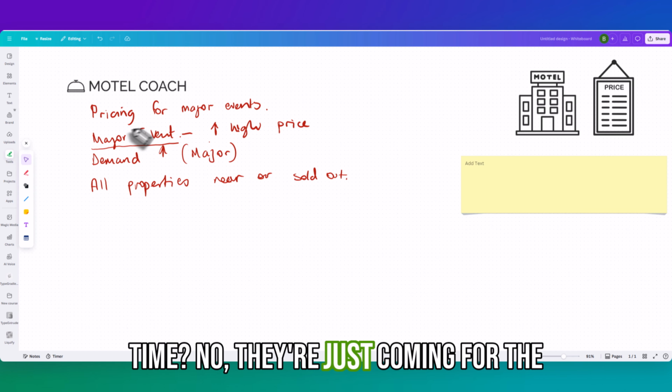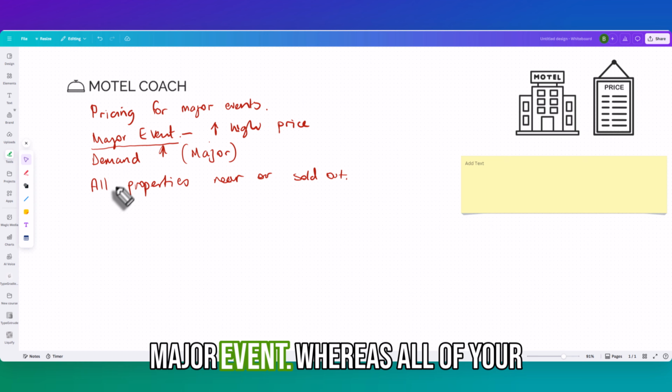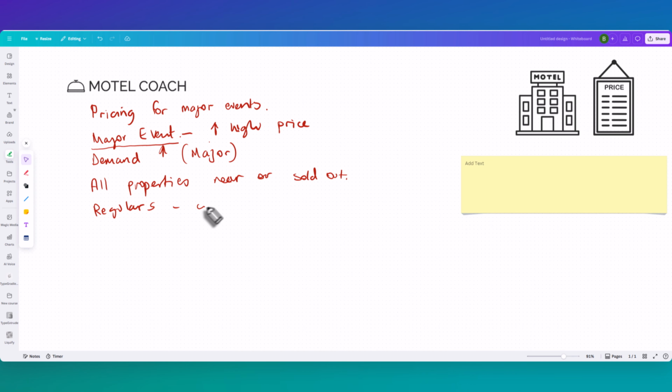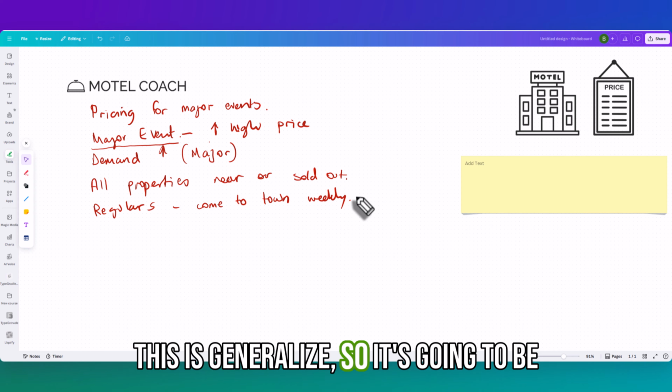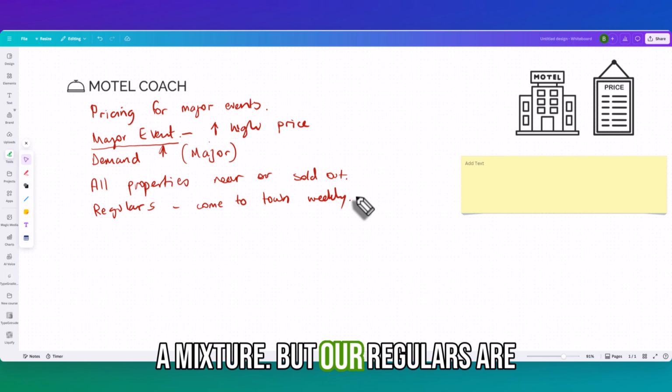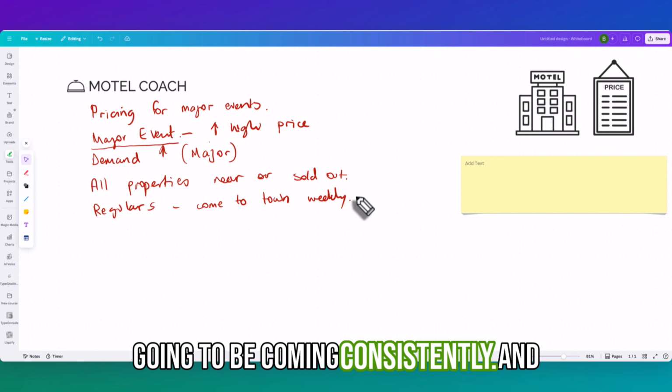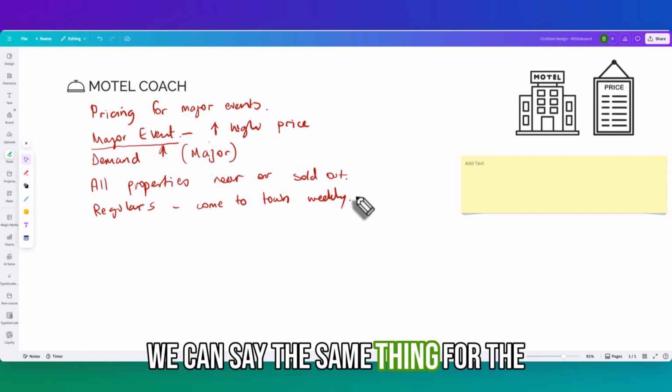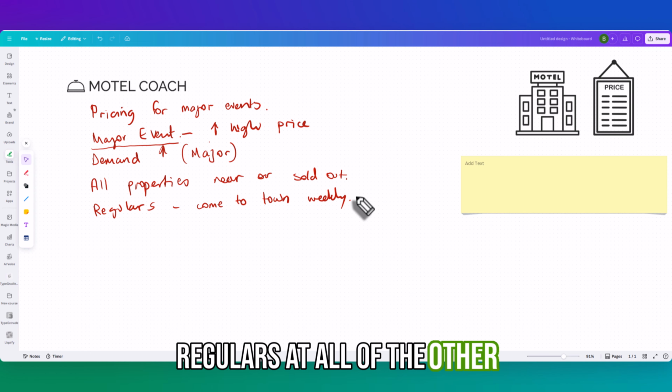No, they're just coming for the major event. Whereas all of your regulars come to town weekly. This is generalized, so it's going to be a mixture, but our regulars are going to be coming consistently. And we can say the same thing for the regulars at all of the other properties.